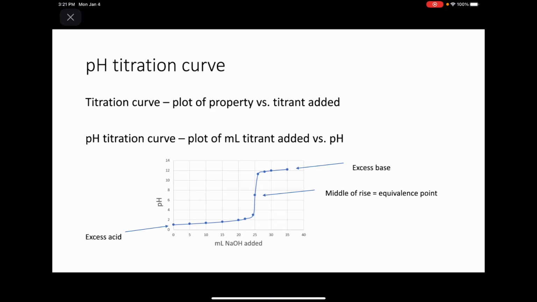In the middle of this rise, which is common to acid-base titration curves, is the equivalence point, and beyond that we're in excess base. We'll use that inflection to determine the equivalence point, so we could do this without even using an indicator.